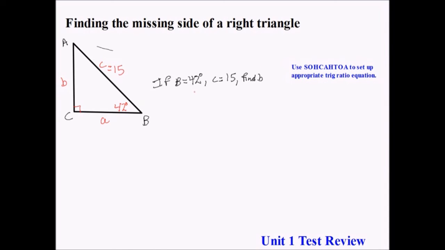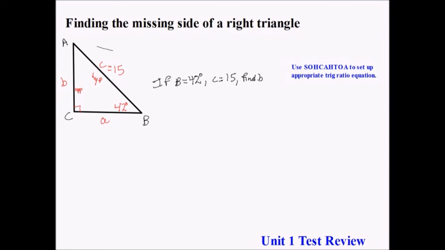So what we want to do is set up our equation. We are trying to find B, and we already know the hypotenuse. Remember, I told you, always determine what your hypotenuse is first, then find your opposite. In this problem, we don't need adjacent because we're not asking what A is, and we don't know what A is.